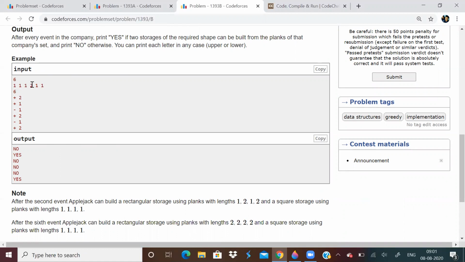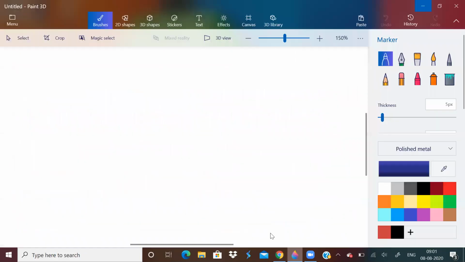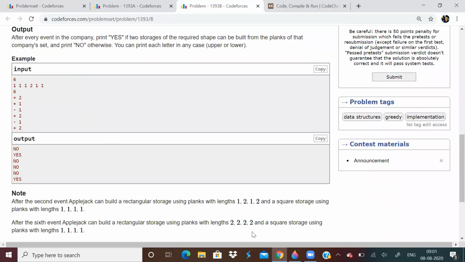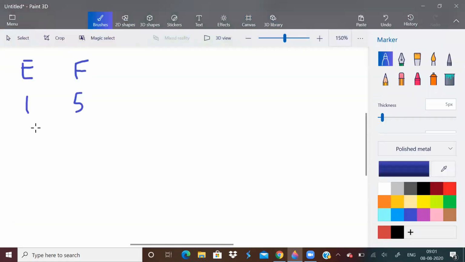To make the problem simpler, let us say frequency and let us say element. Suppose the plank length is 1. Let's take element as 1. Now we can see that the frequency of 1 is 5. Similarly, the frequency of 2 is 1.